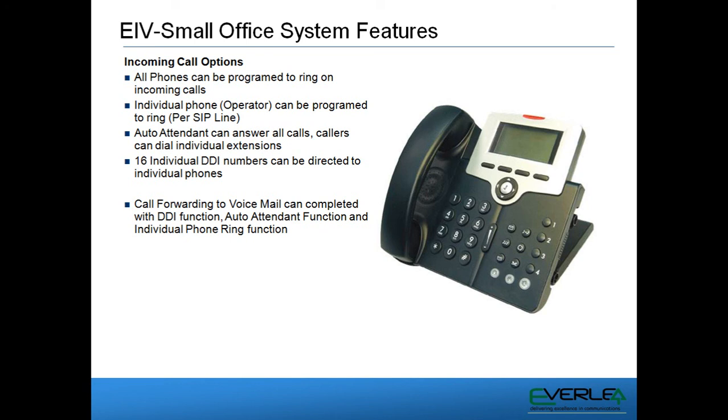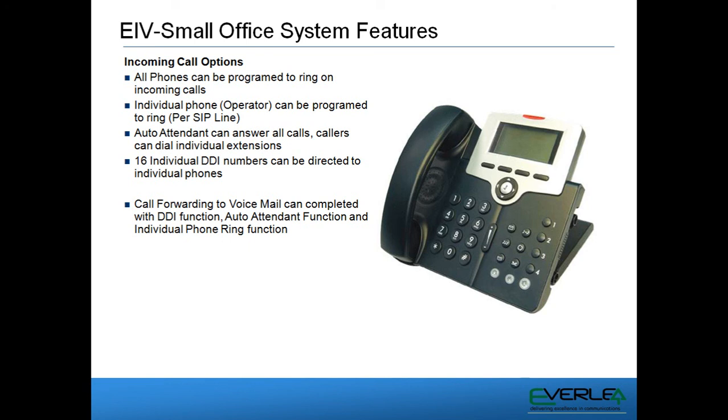Incoming call options. Generally, once you've run through the incoming call options, outgoing is pretty straightforward. You dial the extension number or you dial the phone number. There's no dialing access codes or anything, you simply just dial it and out you go. But for incoming calls, you need to be aware of how this is going to work. We can have all phones ringing.